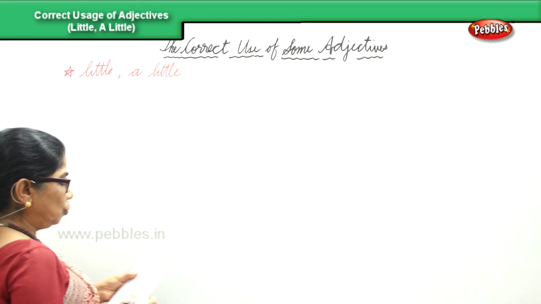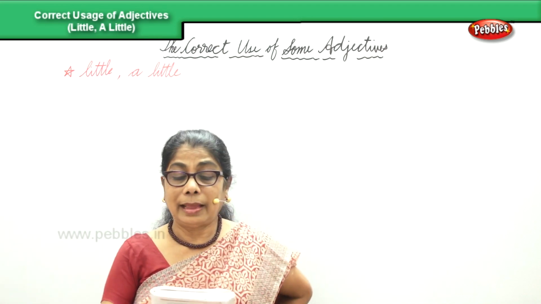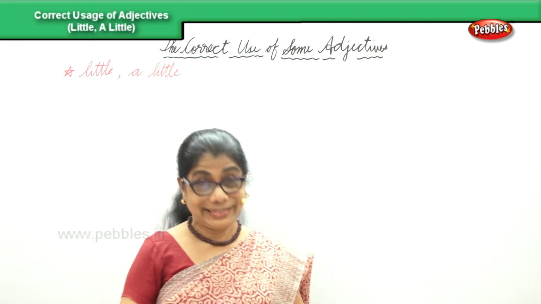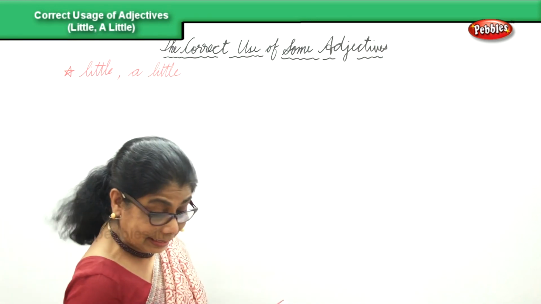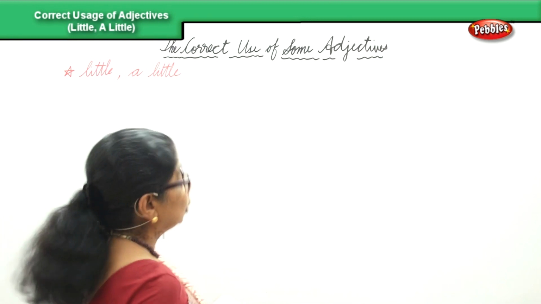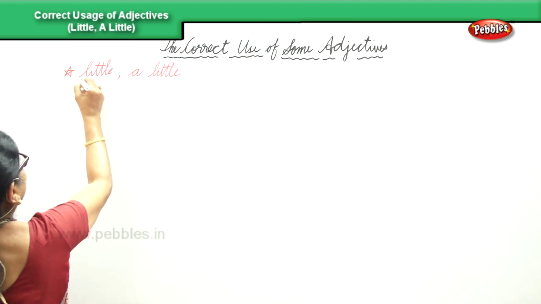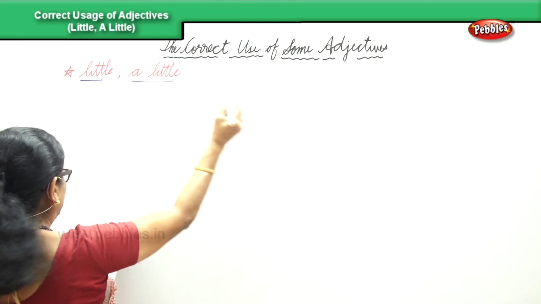Now, these two are adjectives of quality. So, what are we going to look at? Adjectives of quality. And that's what we are going to dwell on. So, little and a little.